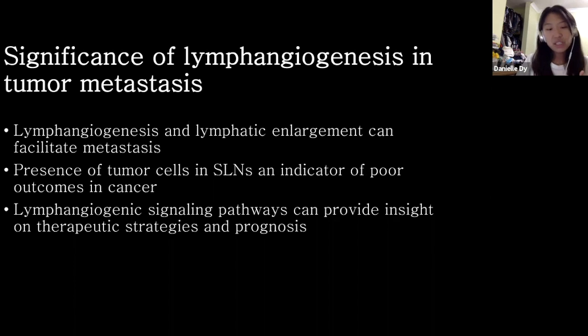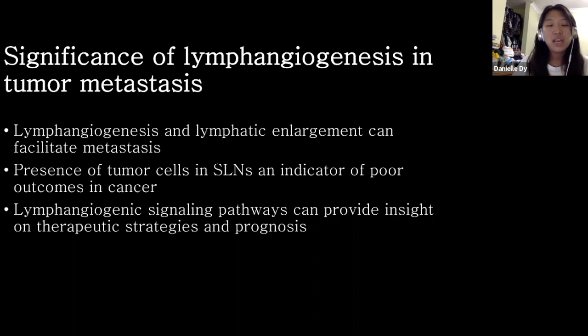Lymphangiogenesis, the development of the lymphatic vasculature, as well as lymphatic enlargement, can facilitate the metastasis of these tumor cells. And the presence of tumor cells in SLNs, your sentinel lymph nodes, is an indicator of poor outcomes in cancer.